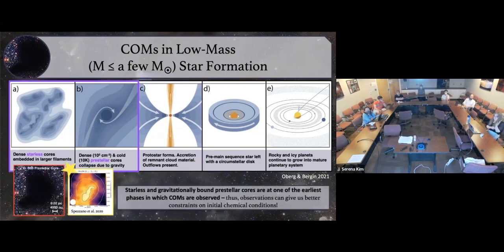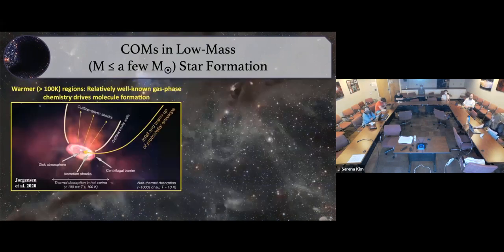But again, I am particularly interested in looking at starless and gravitationally bound prestellar cores because they are at one of the earliest phases in which these complex organics are observed, and they can give us better constraints on initial chemical conditions. Another motivating factor is that if you're looking at a protostar, these warmer regions where you have internal radiation, the chemistry can be pretty well known.